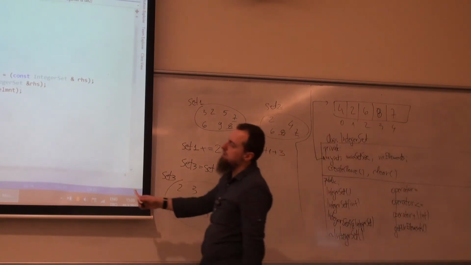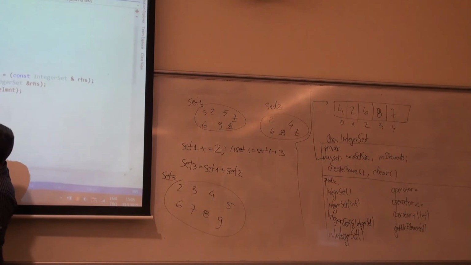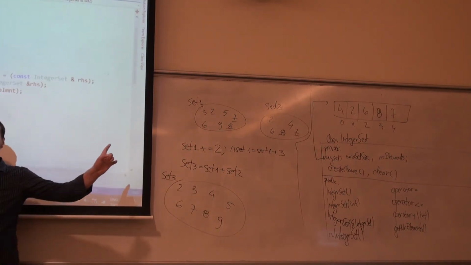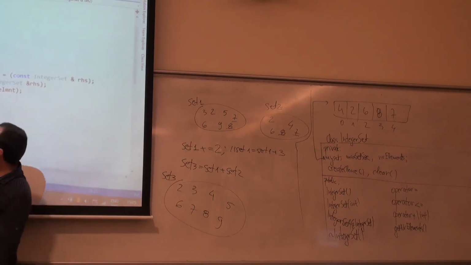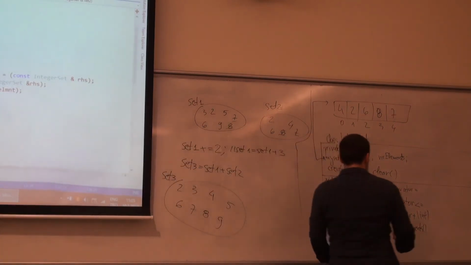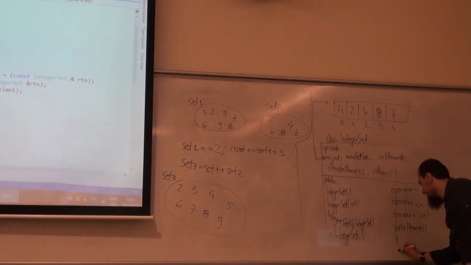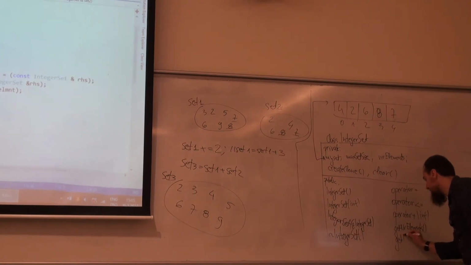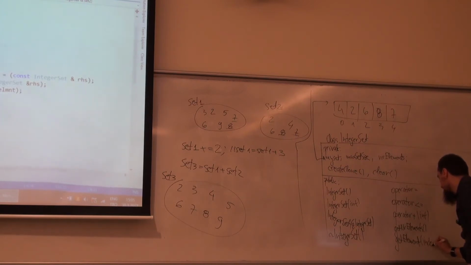This function, get element, and this array is a private data. Okay? So I'm going to use this index to return the ith element. So get element, and I'm sending the index as parameter.